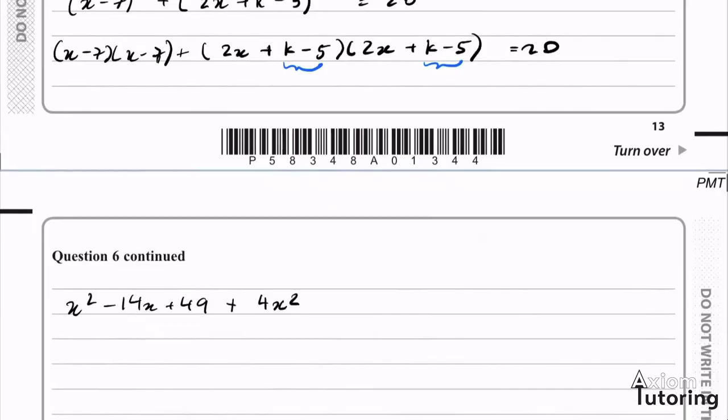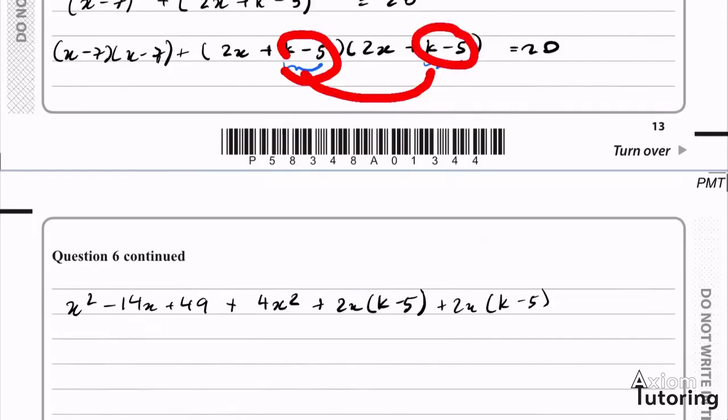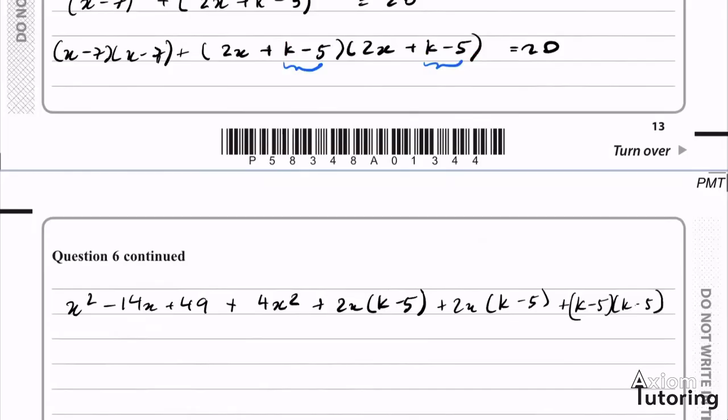And then 2x times k minus 5, so plus 2x times (k minus 5). And then let's move on to the second term of our first bracket, k minus 5, multiplied by 2x again. So that's just plus 2x(k minus 5) again. And then we have our final term, which is (k minus 5) times (k minus 5), so plus (k minus 5) squared, and that's equal to 20.